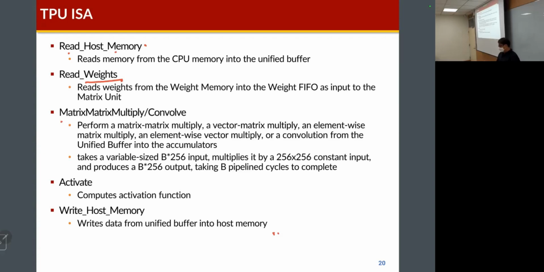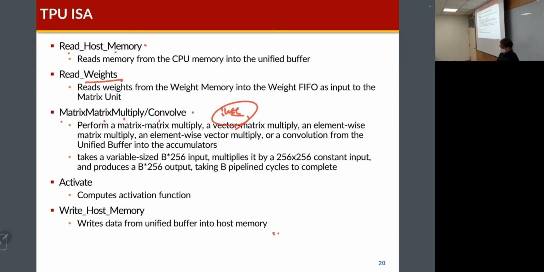And then matrix multiply or convolution. This instruction performs the matrix multiplication and convolution operation using TPU. This means that the matrix is stored in the internal memory, like scratch pad memory, and then this matrix data is read by the TPU hardware.